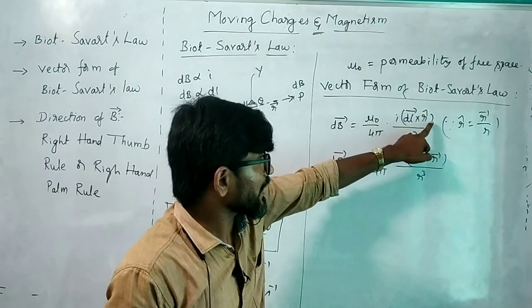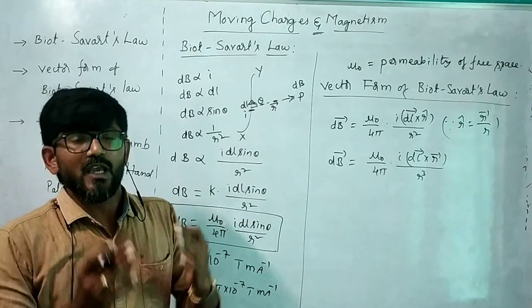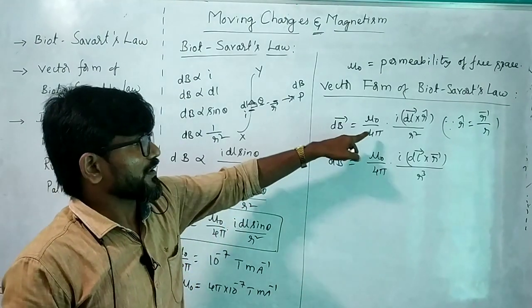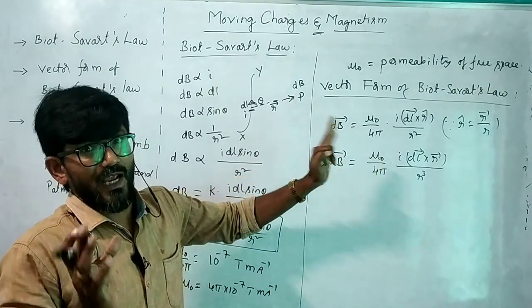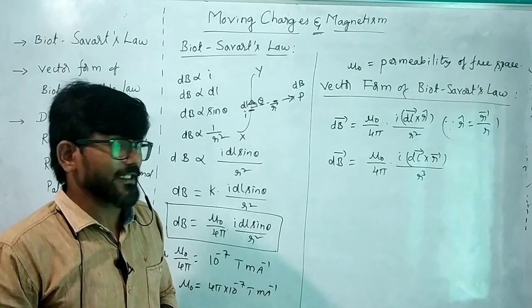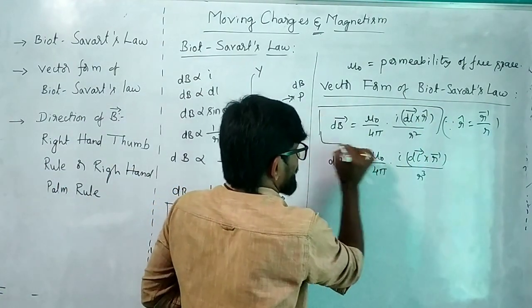Either in r cap form or in r bar form, you can express it. While doing MCQs or objective questions, any of these you may get, so you have to have an idea about both of these expressions. Is it clear? This is called the vector form of Biot-Savart's law.